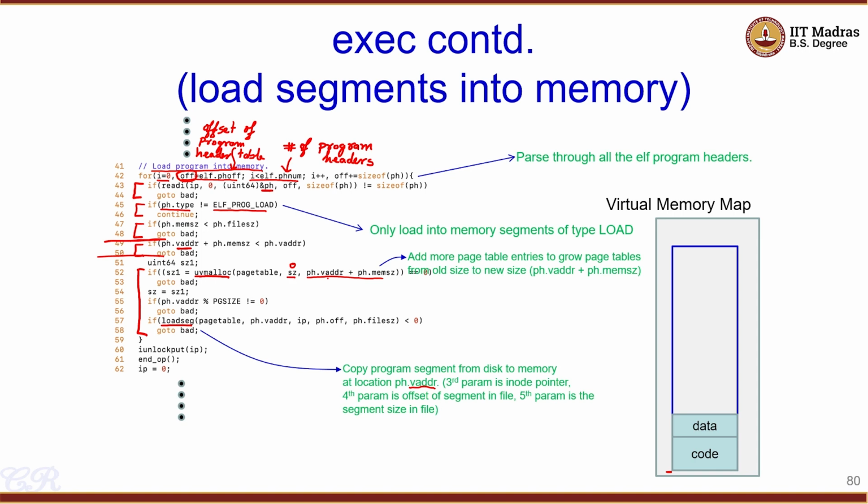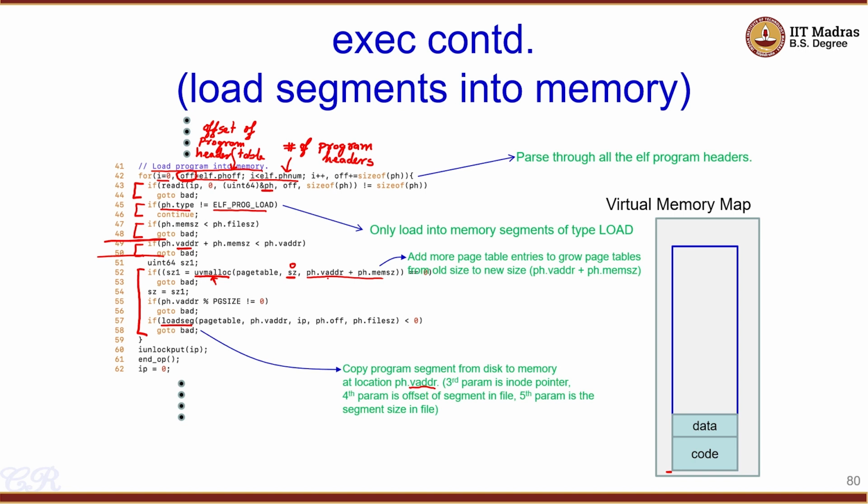So from the current size of the process to v address plus mem size, this function would essentially create mappings from virtual address to corresponding physical address, right? You can look up this function in the xv6 code, right? So now we have essentially created the mappings, right?